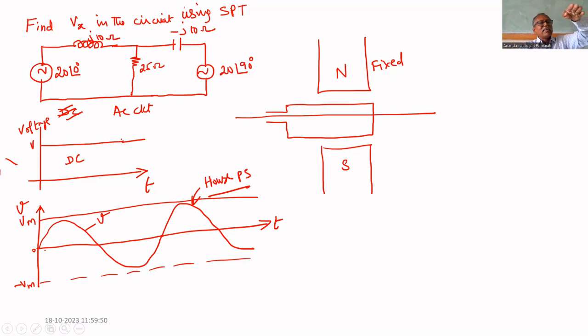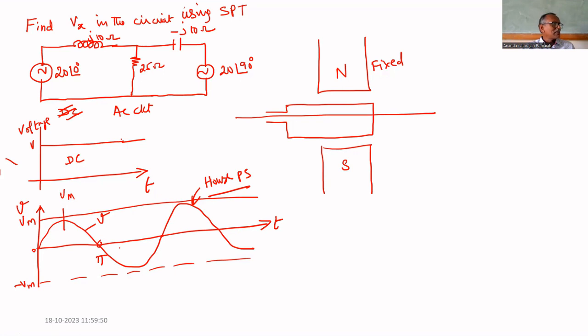As it gradually inclines, the vertical component comes, so voltage gradually increases to Vm, the maximum voltage. Then the vertical component decreases and again becomes zero. During that time, what is the angle of rotation? 50%. Out of 360 degrees, 180 degrees completed. That's why this angle is pi.